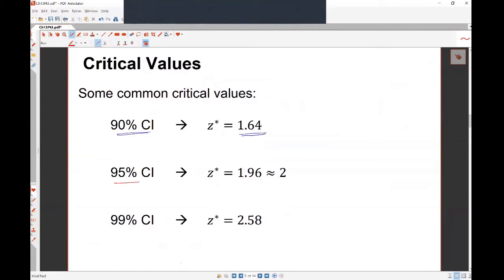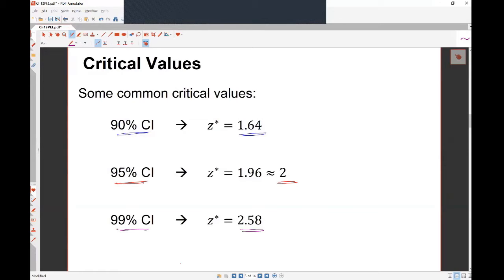Whenever you see something asking for a 95% confidence interval, the critical value technically is 1.96, but that's really close to 2. So if you look back at the example, we did a 95% confidence interval, and I used 2 times the standard error. That's a good enough approximation. And finally, if we want to do a 99% confidence interval, then your critical value is 2.58.